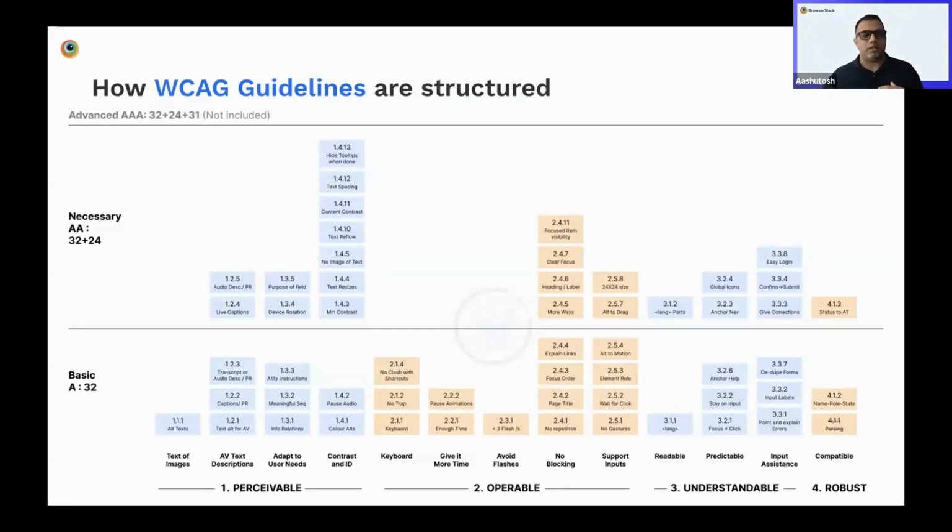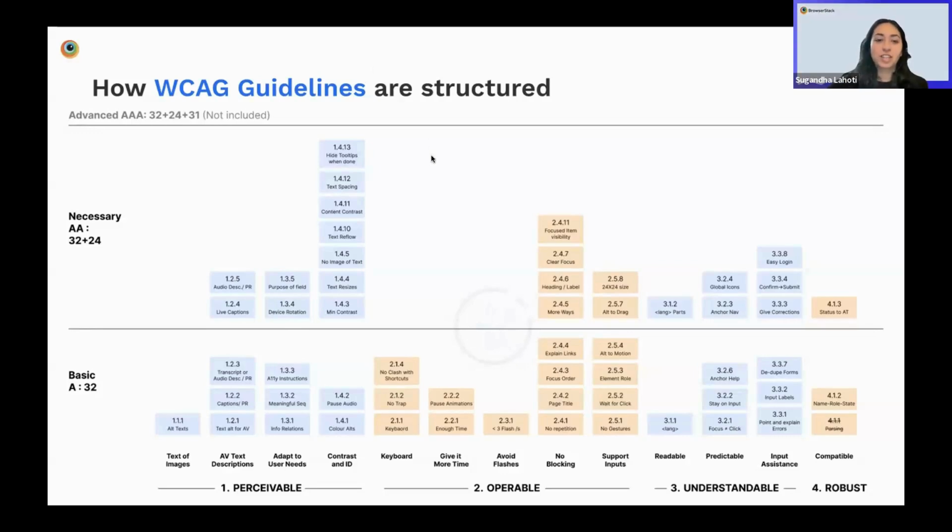So that is 4.1.3. So these are the few guidelines that have been introduced, and I'm pretty sure as we go forward, these are going to keep on increasing and getting removed. Like we have removed 4.1.1, the parsing criterion, from WCAG 2.2. So that's the theoretical knowledge. Back to you, Sugandha. Thank you.